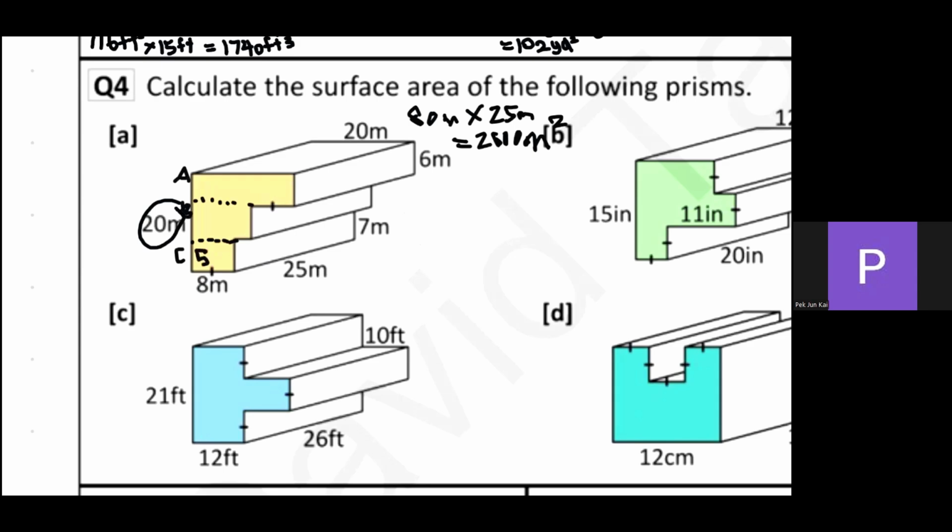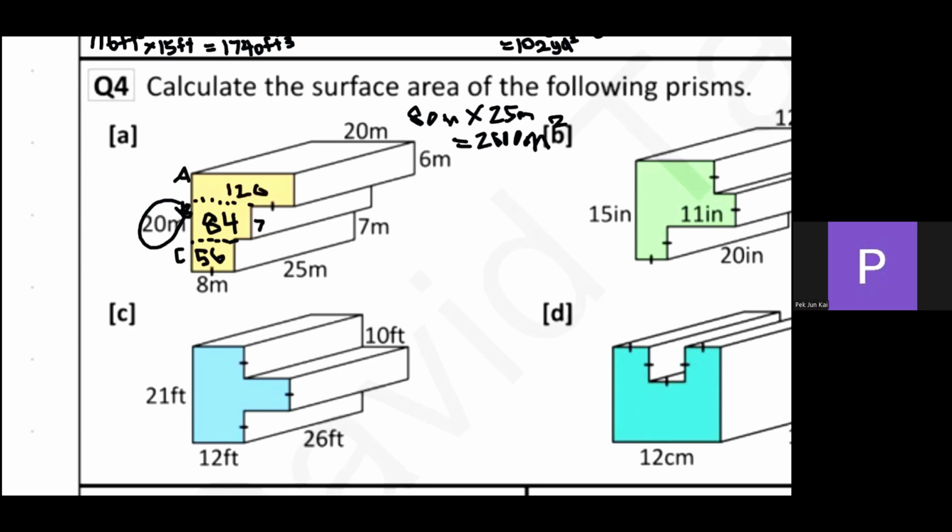The area for part B would be 84, since it is 7 here, and 20 minus 8 would be 12. So 12 times 7 equals 84. And for part A, it would be 120, since 20 meters times 6 meters.